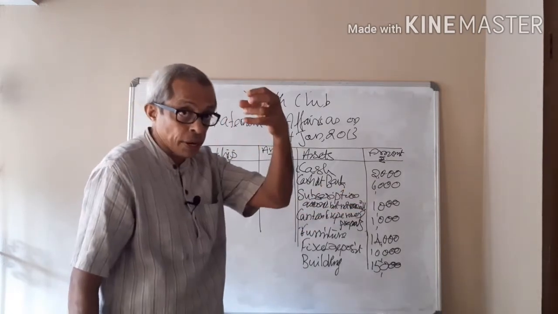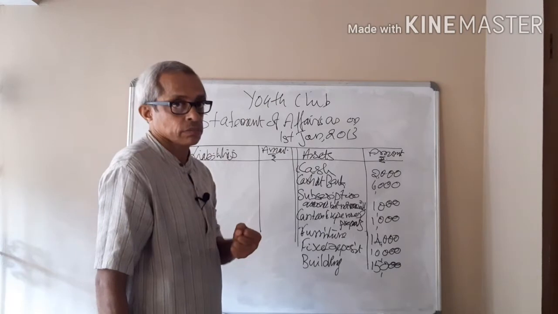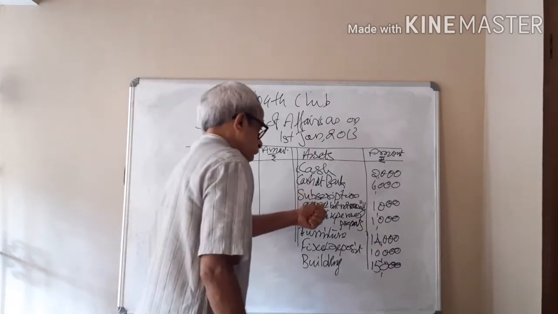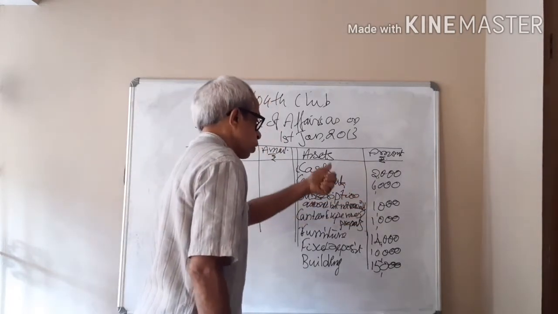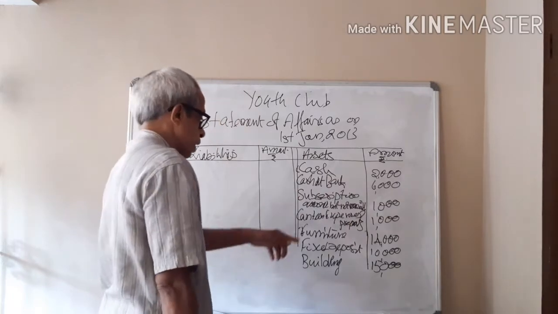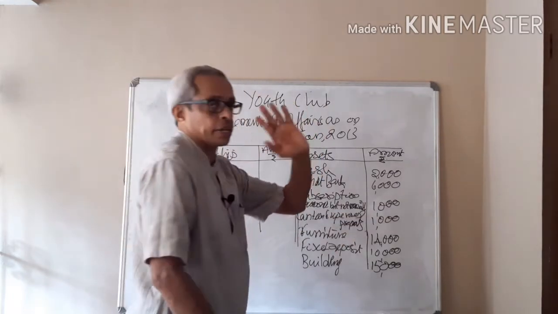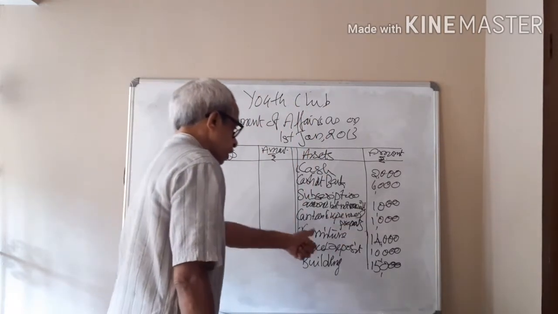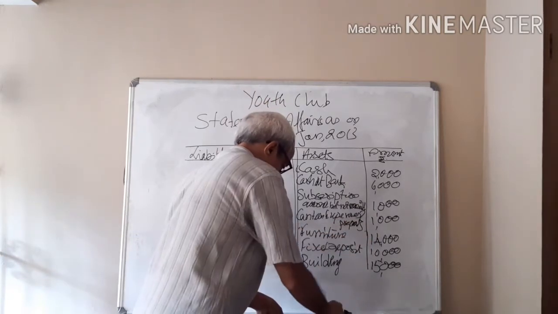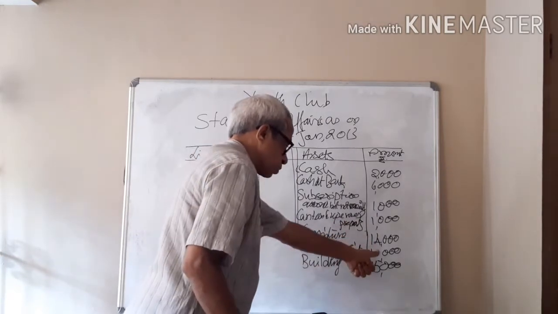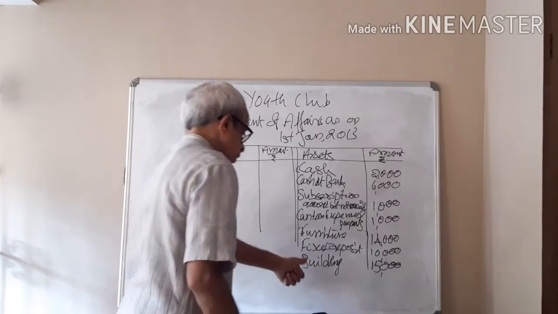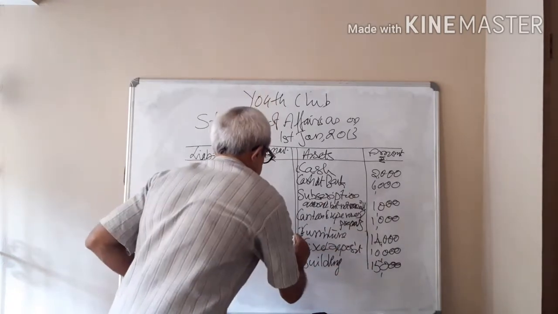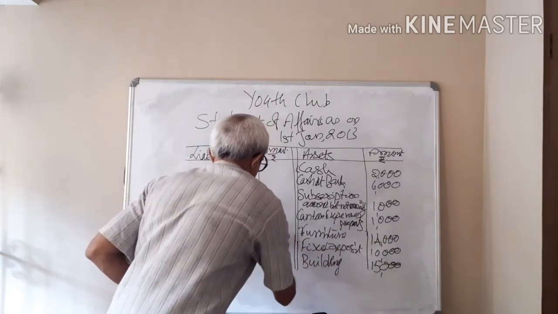There is an opening date accrued figure. That amount is also written on the asset side of the balance sheet. Then canteen expenses prepaid, that is 1000. Then furniture, that is 14,000. Then fixed deposit, that is 10,000. Then building, that is 15,000.